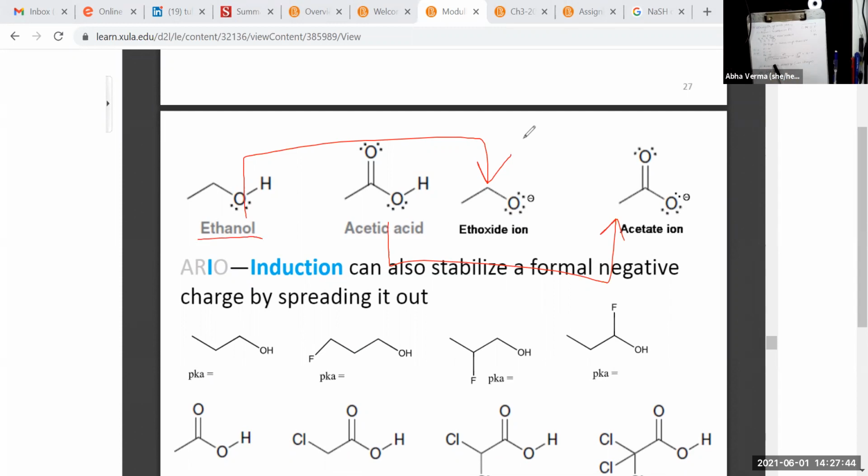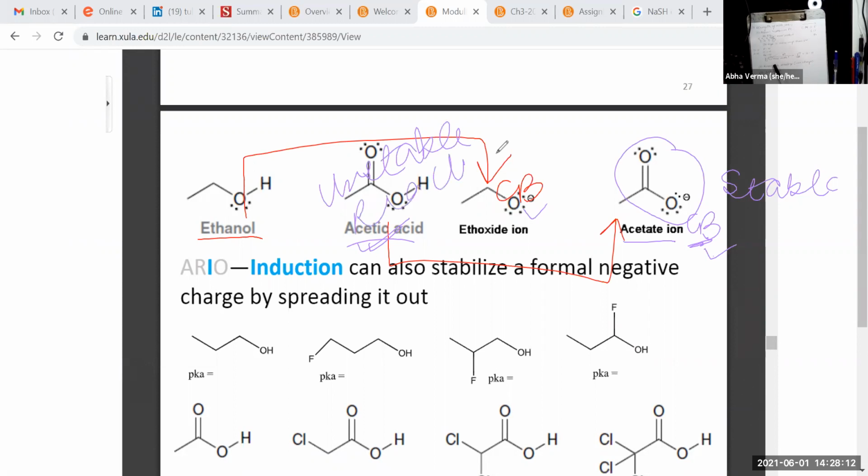If we compare ethanol and its conjugate base, and acetic acid and its conjugate base, we just have to compare who is more stable. This one is more stable because of the resonance stabilization, and hence the starting acetic acid will be more unstable, or more reactive, as we say.